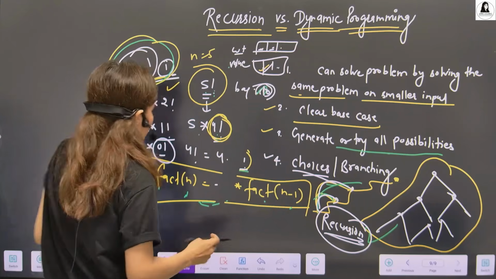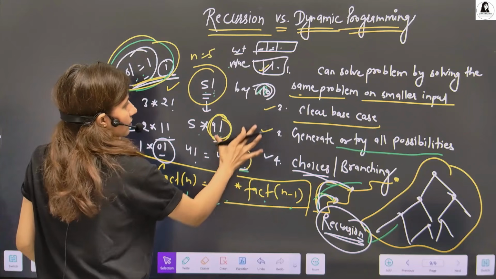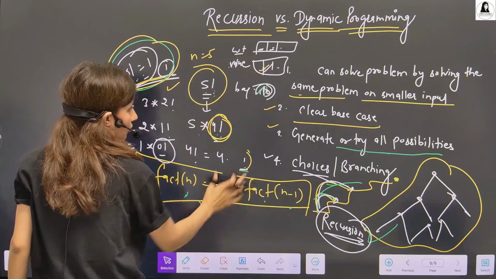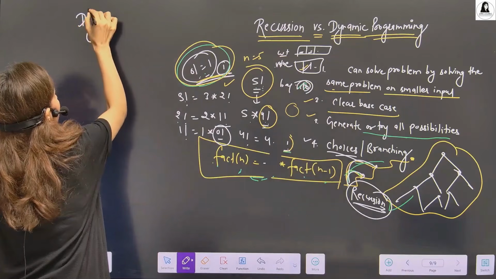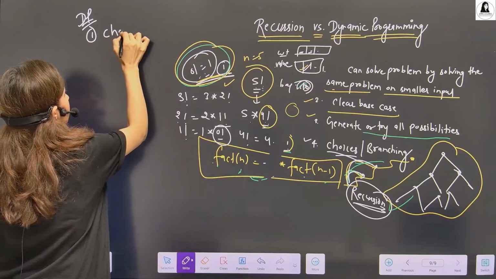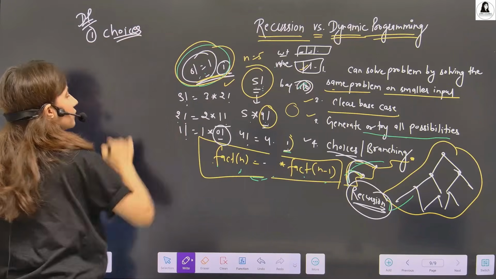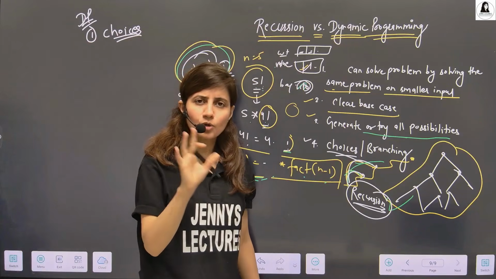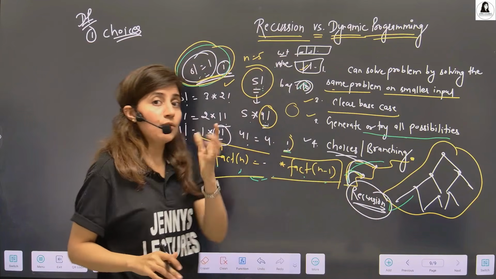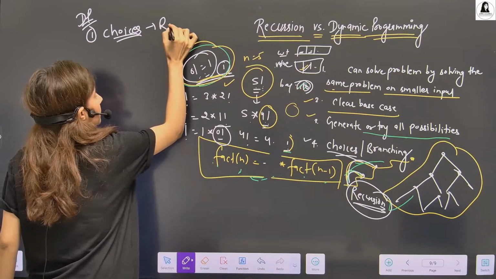Now, when to use DP? How do you identify that you have to use DP? First thing, choices will be given in the question, branching or some decision tree you can generate. That means you can use recursion.